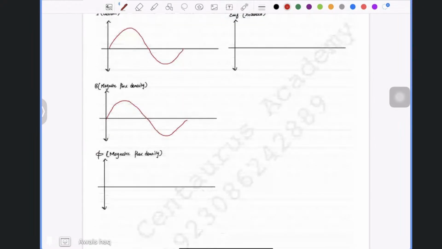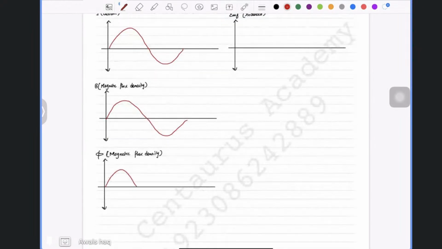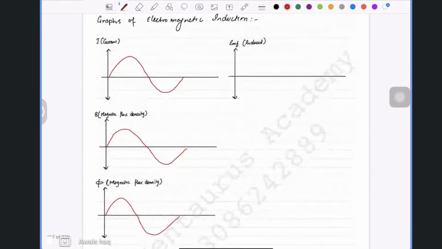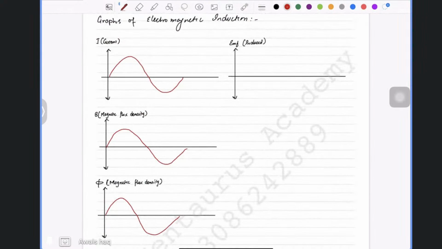That means that actually magnetic flux density, current and magnetic flux linkage are all basically 0-degree phase difference, because they're all happening within that same interval of time. So you guys need to remember that. Okay, is it clear, everyone? Any questions?